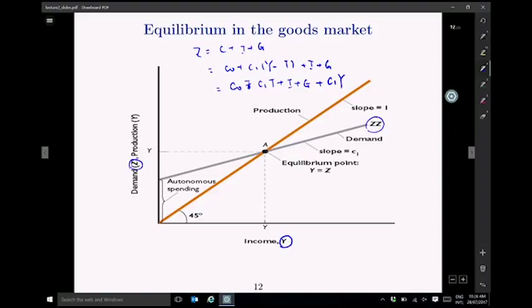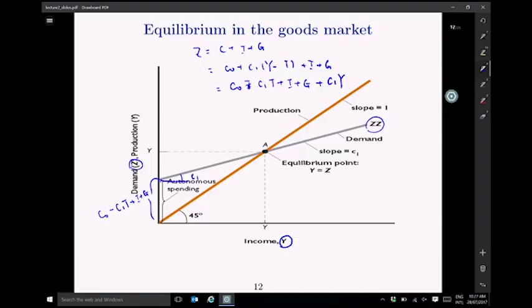You basically collect everything without Y, that will be the intercept, and the rest, C1 times Y, gives us the slope. So here we have the slope of this aggregate demand line, C1, and this vertical intercept, the name for it is called autonomous spending. That is, even when income is zero, you still have some demand in the economy, this autonomous spending.